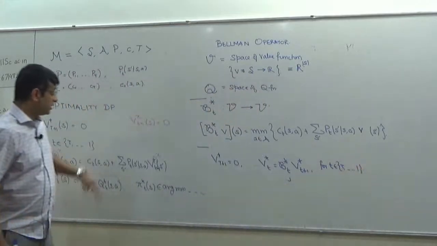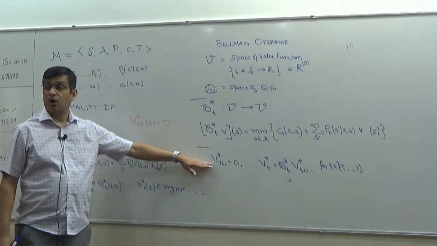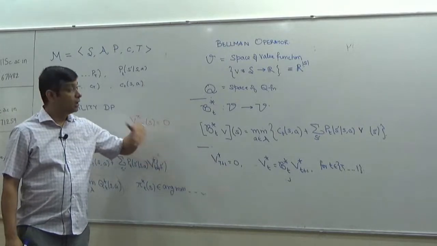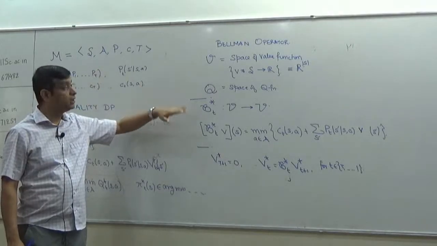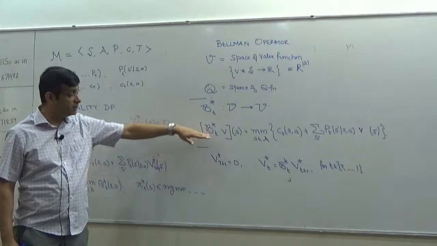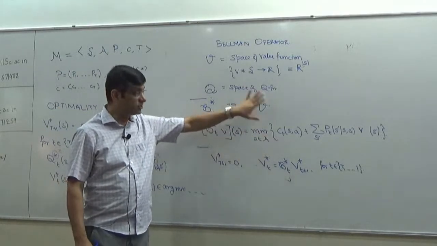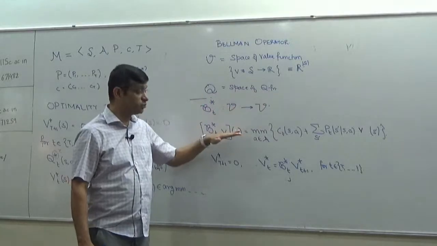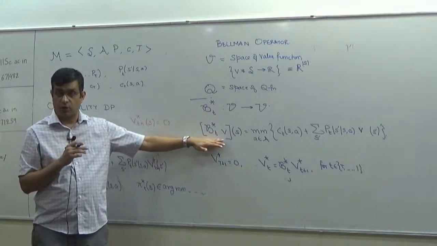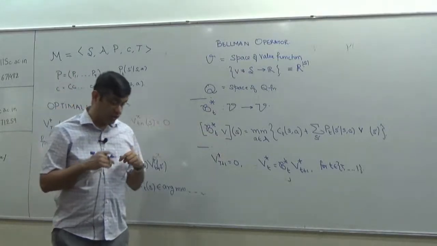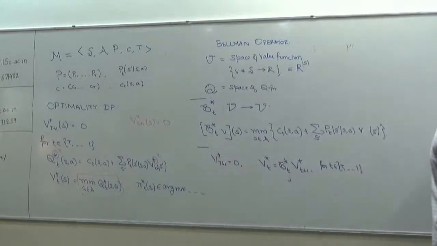So, rather than writing these complicated operations, I can just write this in a compact form. Policy evaluation Bellman operators are defined similarly, with minimization replaced by policy evaluation. But since I am not going to be using these operators anyway, I will not go into the detail of the policy evaluation operator.